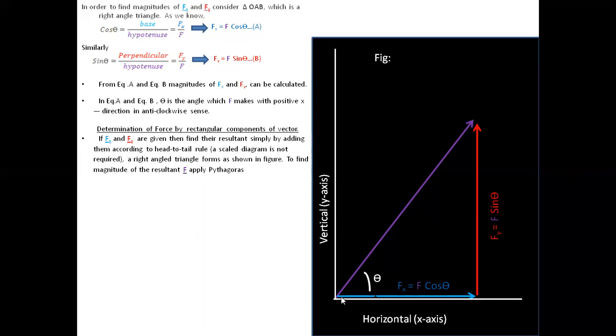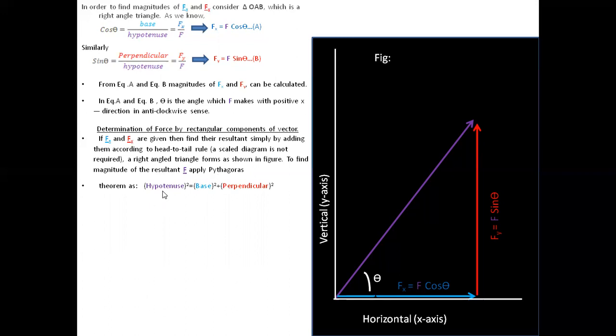The head of the first vector is where the tail of the second vector starts, and so on, until the resultant vector, whose tail is at the tail of the first vector and whose head is at the head of the last vector. The diagram is not to scale, so the right angle triangle forms as shown in the figure, and we find the magnitude of the resultant F by Pythagoras theorem.